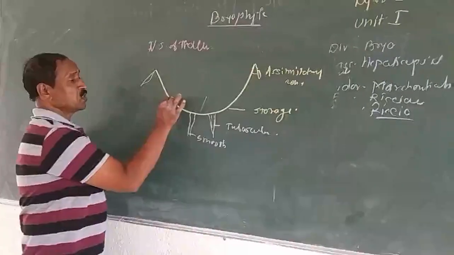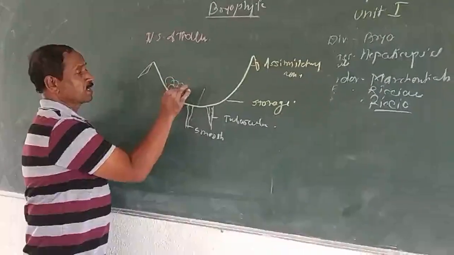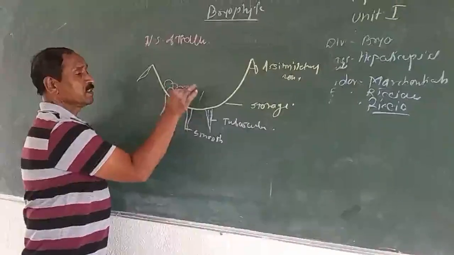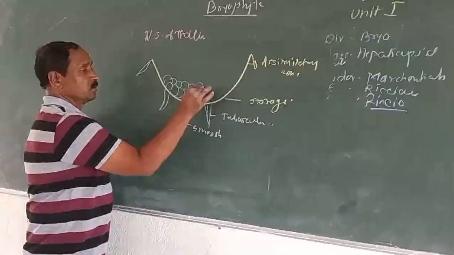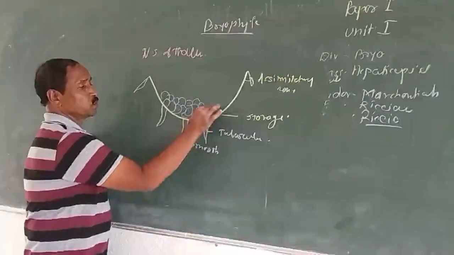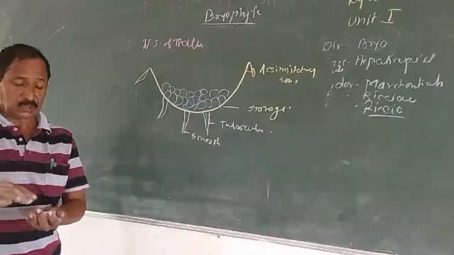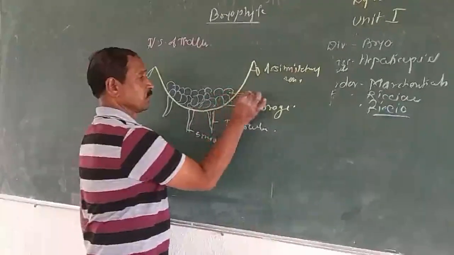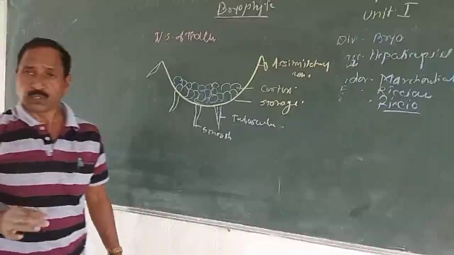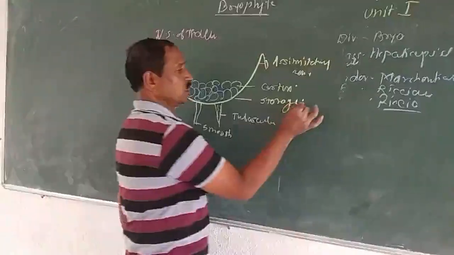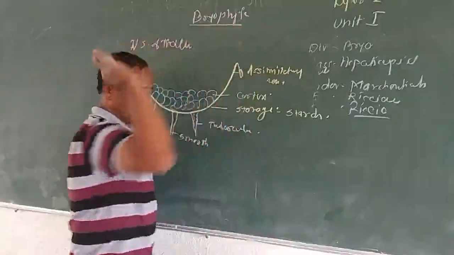Here in the storage region, the cells are parenchymatous, and these cells are closely packed below the assimilatory zone, and these cells are also called as cortex. And second, it is called as storage region because it stores food material in the form of starch.